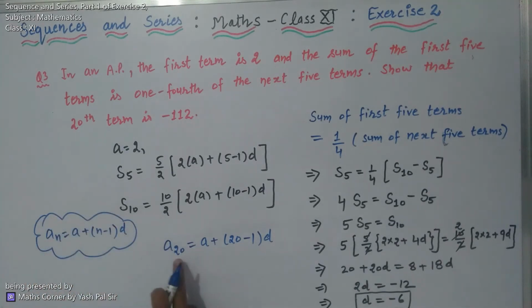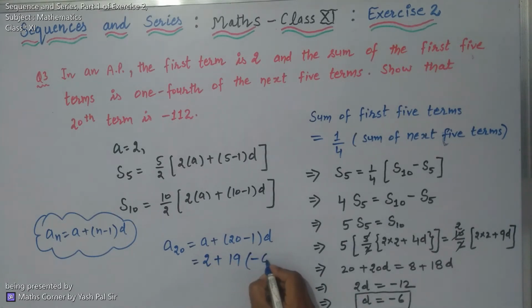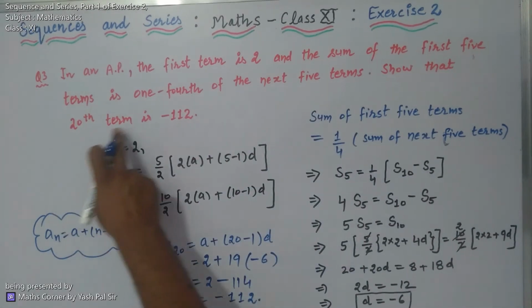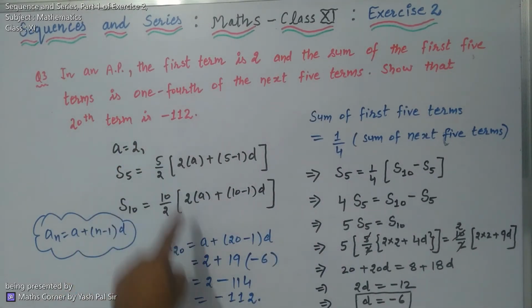So in place of n, we are substituting 20. So this becomes a is the first term, 2, plus 19 into d which is minus 6. This is equal to 2 minus 114, which is equal to minus 112. So the 20th term is minus 112, hence the result.